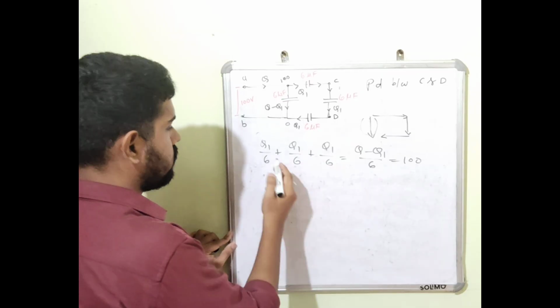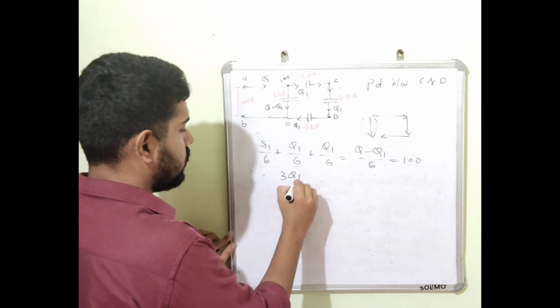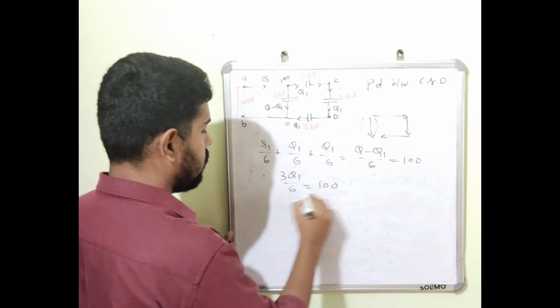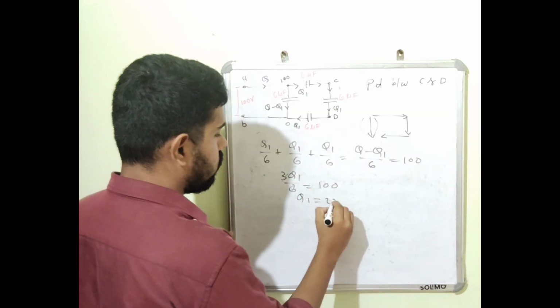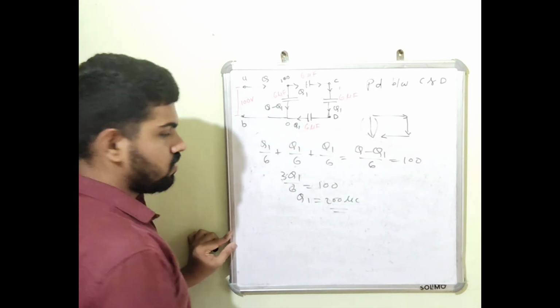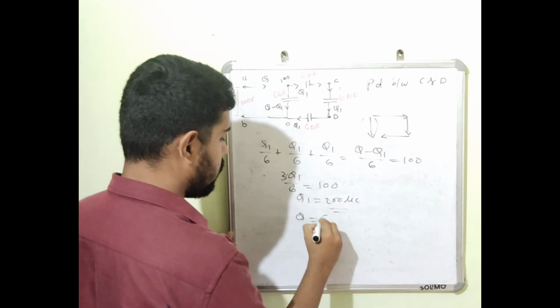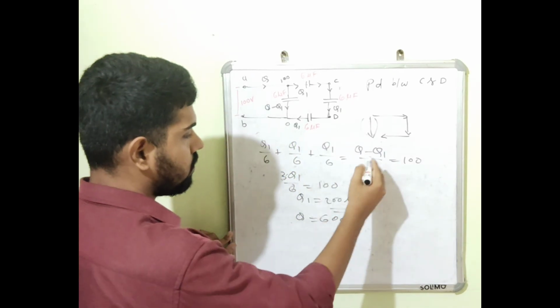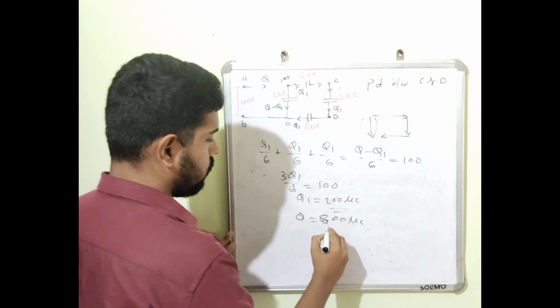So we can solve this: 3q1 by 6 equal to 100 volt. So q1 will be 200 microcoulomb. On substituting 200 here, we get 800 microcoulomb as q.